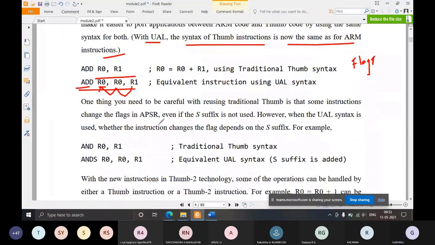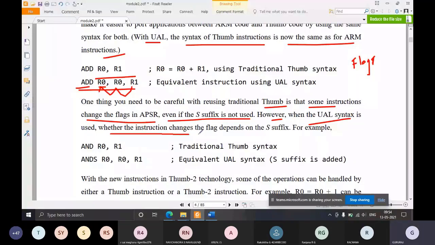One thing you need to be careful about when reusing traditional Thumb: some instructions change flags in the APSR even if the S suffix is not used. However, whenever you use this UAL syntax, that is Unified Assembler Language syntax, you have complete control over whether you update the flag or not.